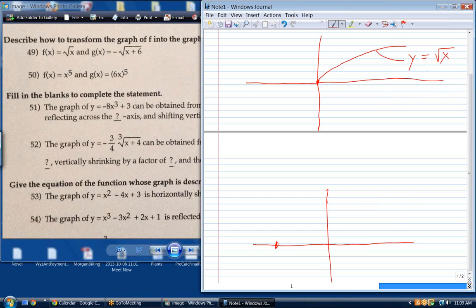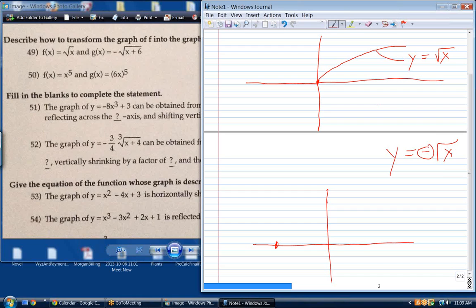If I wanted to plot y equals negative square root of x, what would the effect of this negative sign be? Would it stretch? No, think of some numbers. If x is 16, this is going to be 4.